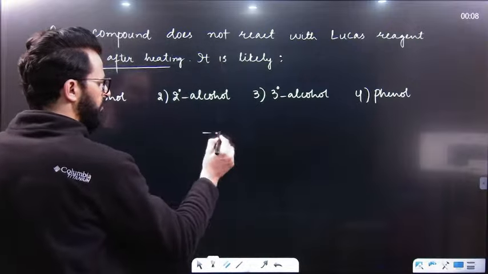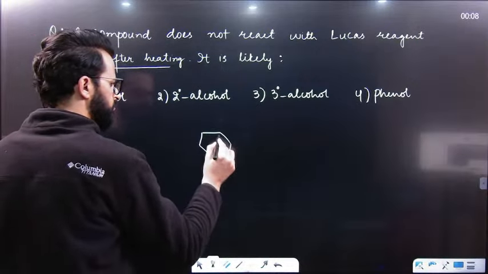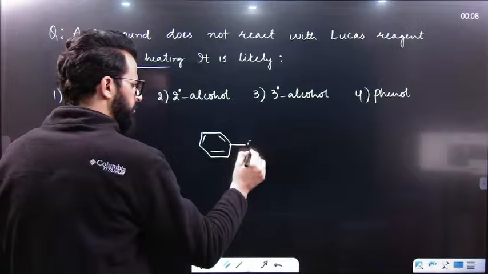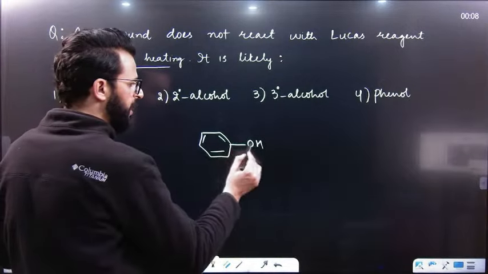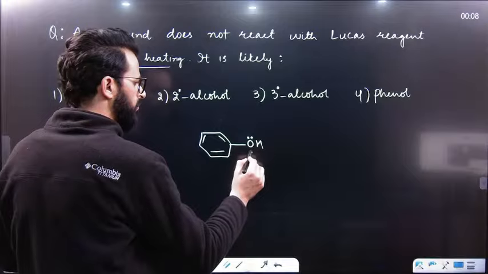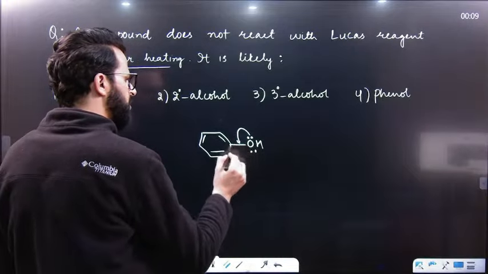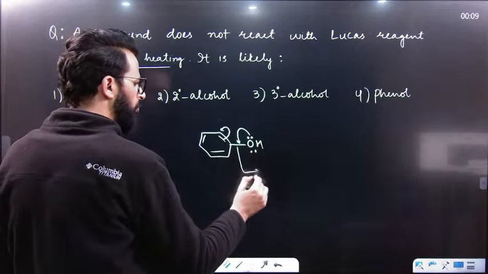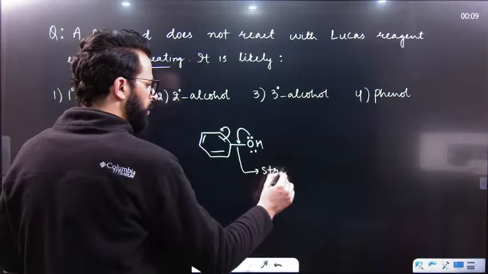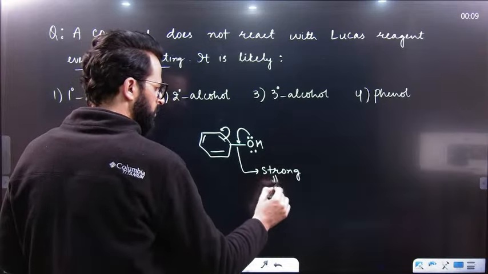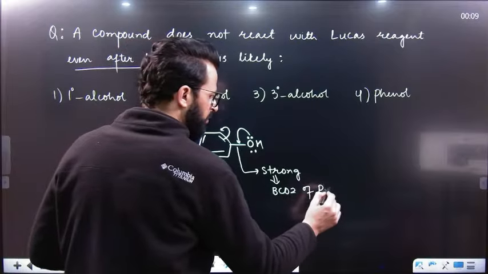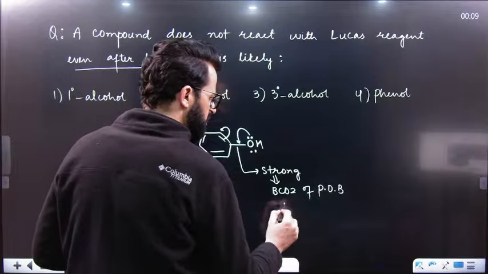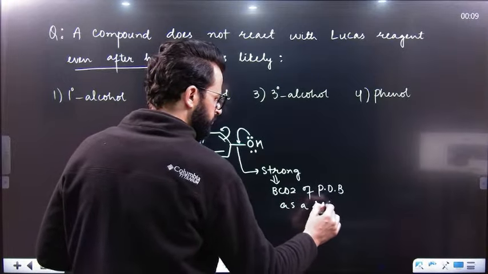Why is it so? Have a look. For turbidity to appear, we have to break the C-O bond, but here we cannot break the C-O bond because this bond is strong, due to partial double bond character as a result of resonance.